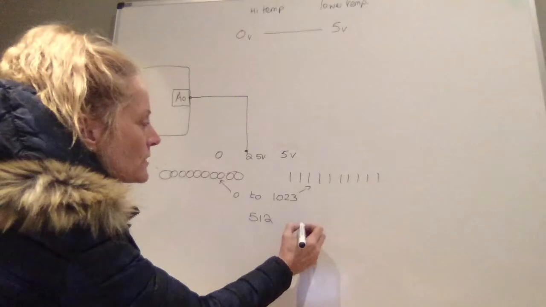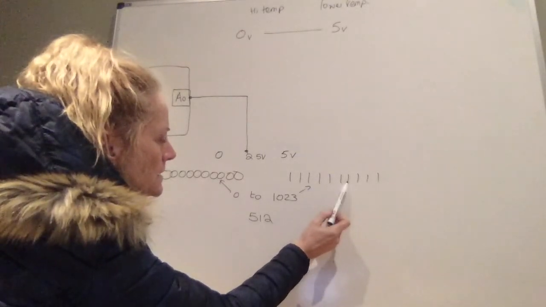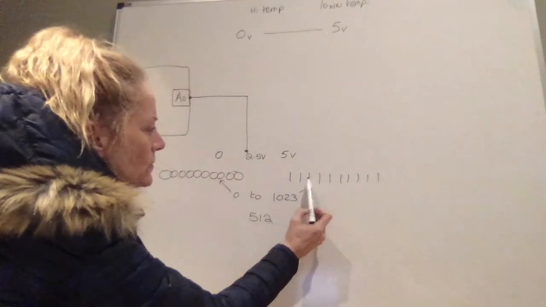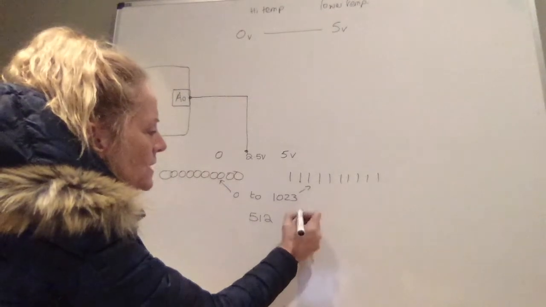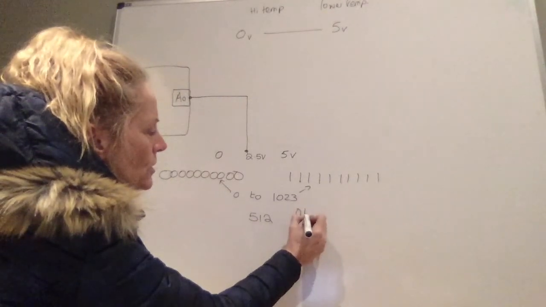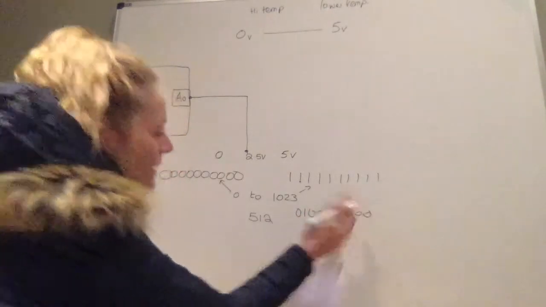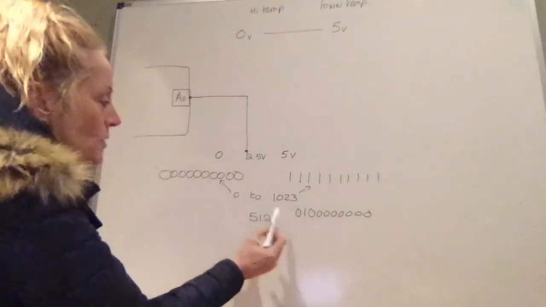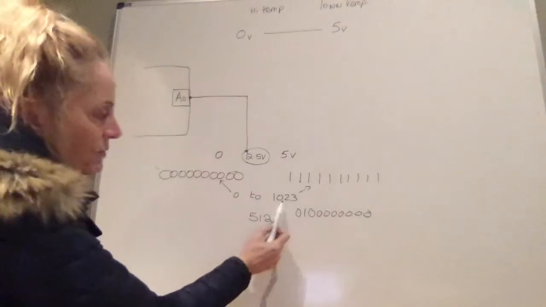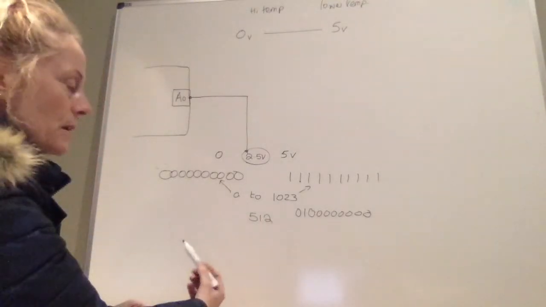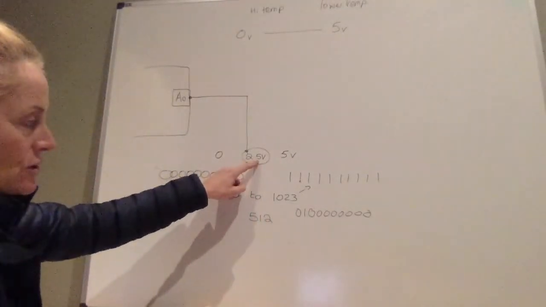The number 512 is, let me see, that's 8, 16, 32, 64, 128. So here, 512. So that would be the number 0, 1, 0, 0, 0, 0, 0, 0, 0, 0, I think, okay? So the Arduino would read, for 2.5 volts, the number 512 because that's halfway between these two. So we need to tell our program, we want to get back out the actual voltage.